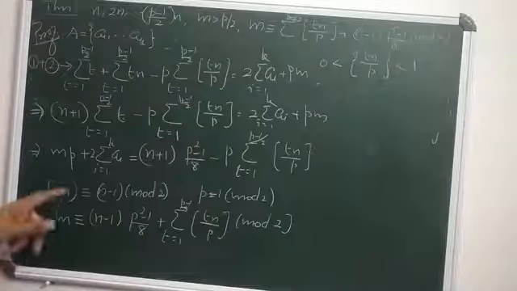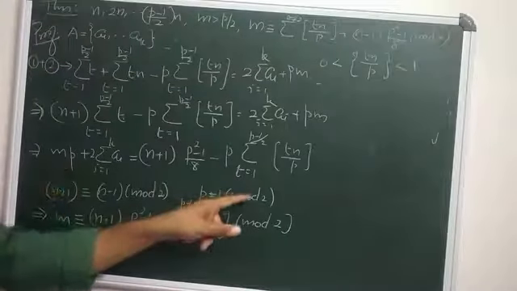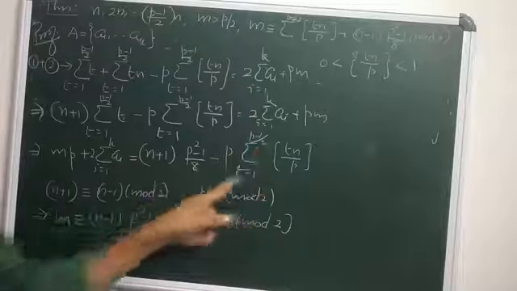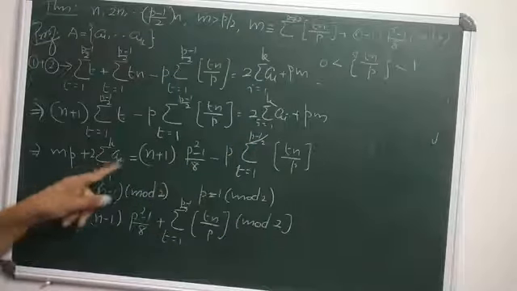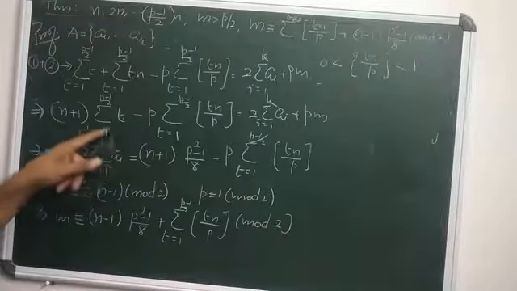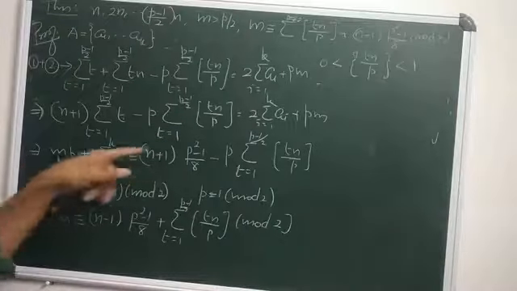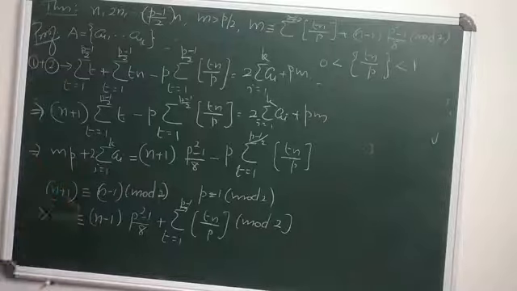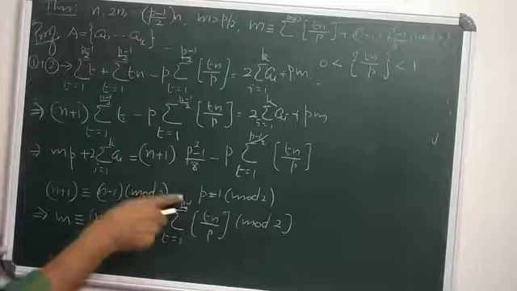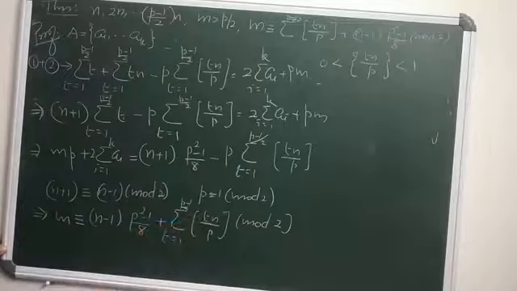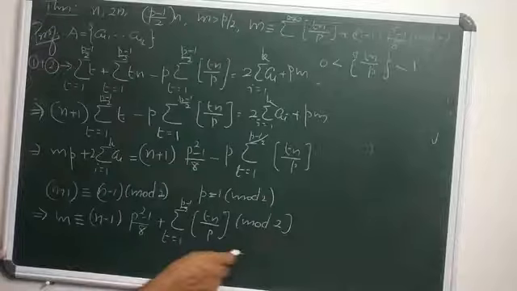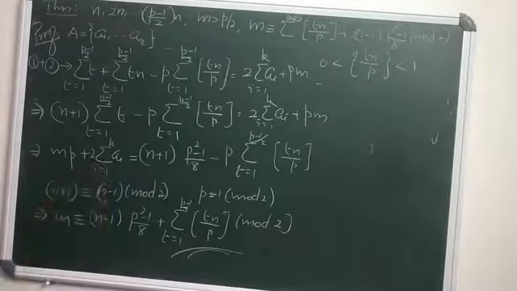Okay, why? Because P is always congruent to 1 mod 2. And this 2 into the sum of I ranging from 1 to k is a multiple of 2. This is also a multiple of 2. So finally, m is congruent to (n minus 1) into (P square minus 1) by 8 plus the sum of T ranging from 1 to (P minus 1) by 2 of the integer part of T n by P, mod 2. So this is our result.